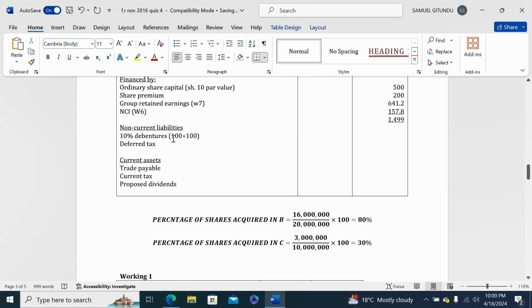So for the parent it is 600, and for the subsidiary it is 100. So you are getting your total value of debentures as 700.